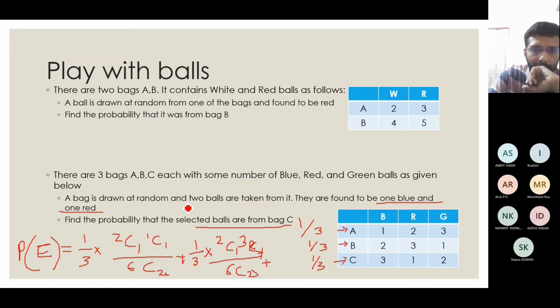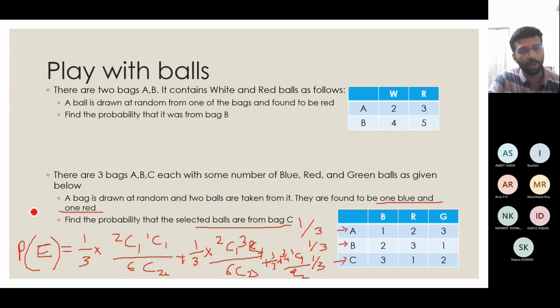The third one again 1/3 into 3C1 into 1C1 divided by 6C2. So this will be the net probability that I will take 1 blue and 1 red ball. You can see that this is similar to the expectation case that we saw. So finally, all these link to the same thing, and you can solve a problem in multiple ways.